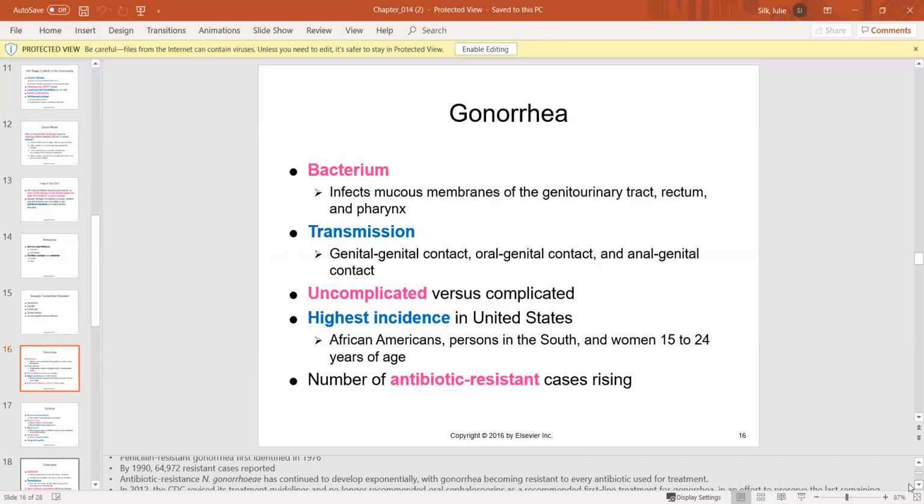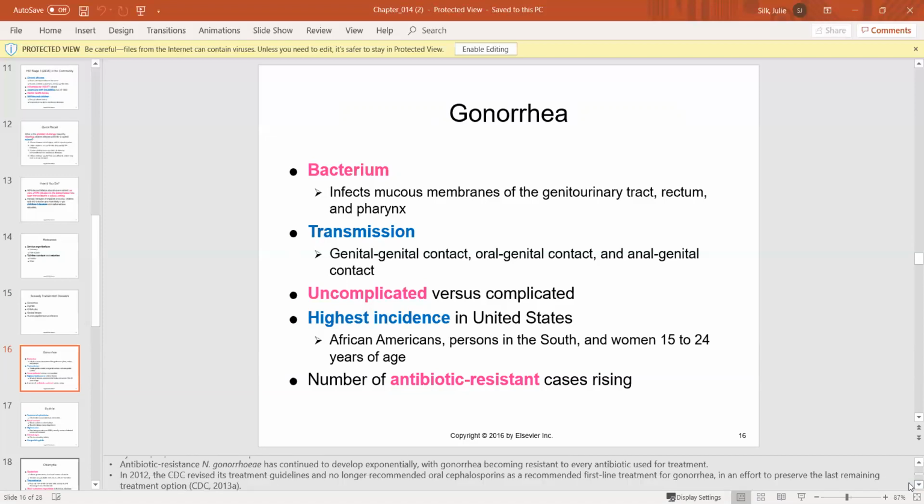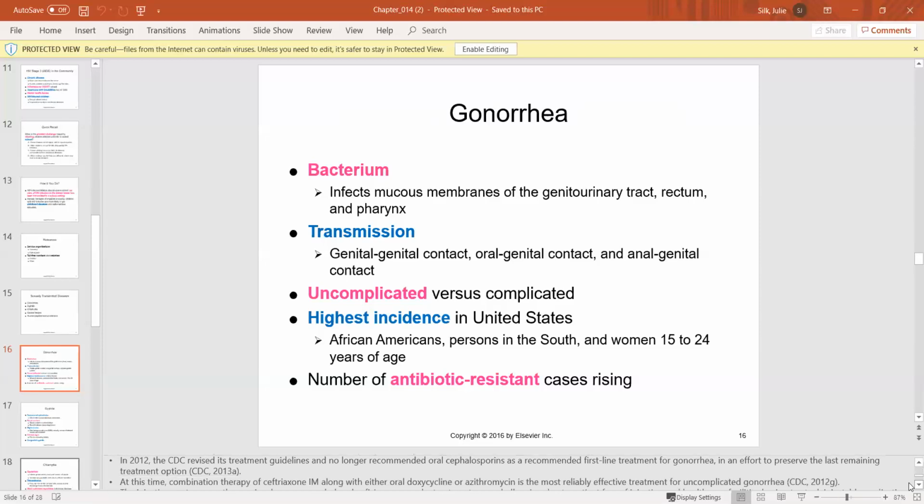Antibiotic resistance has continued to develop exponentially, with gonorrhea becoming resistant to every antibiotic used for treatment. In 2012, the CDC revised its treatment guidelines and no longer recommended oral cephalosporins as a first-line treatment for gonorrhea, in an effort to preserve the last remaining treatment option.